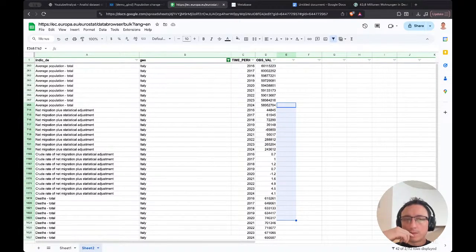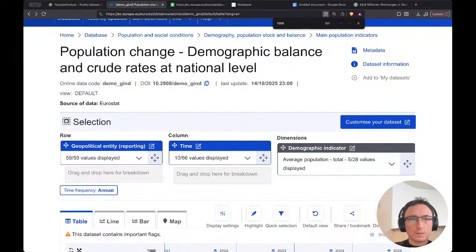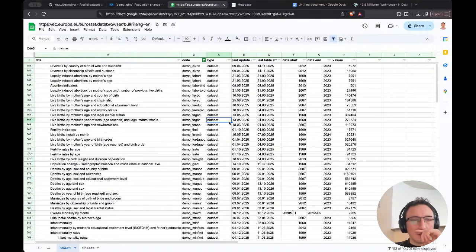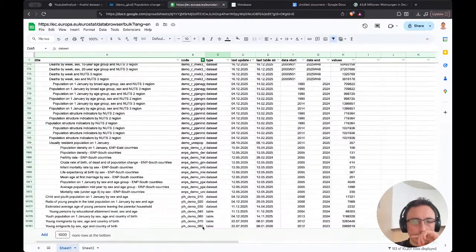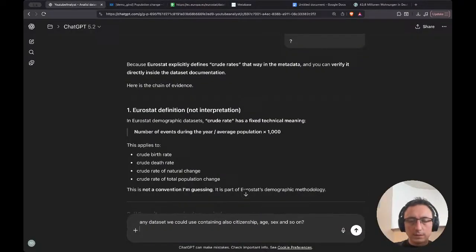Let's try to understand if we have some other data set.